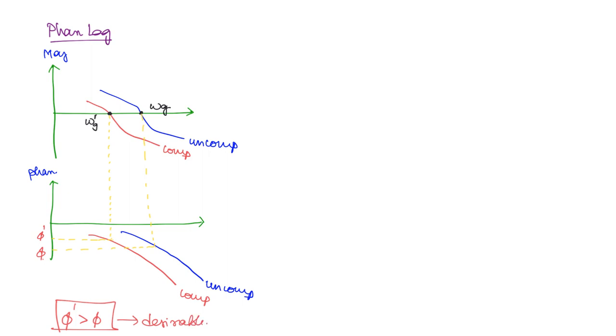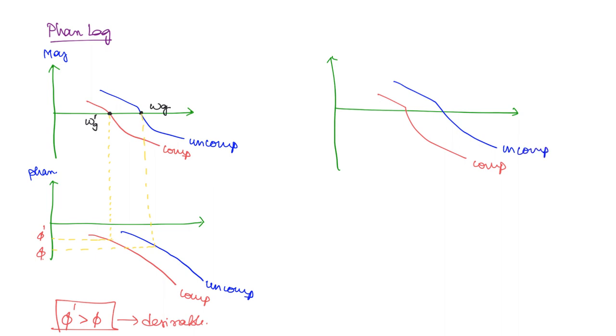Now, if you take another case, with slightly different plots, let us take this to be the uncompensated plot and this to be the compensated plot. You can write down here compensated and uncompensated. So now the phase plot, if you draw, this is the magnitude plot and this is the phase plot.